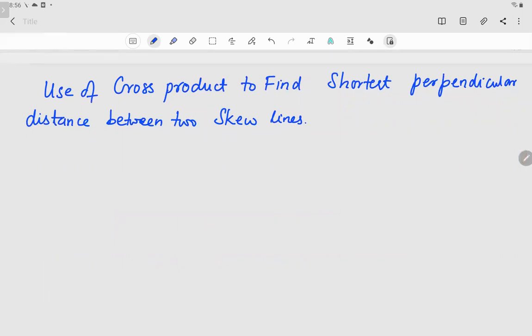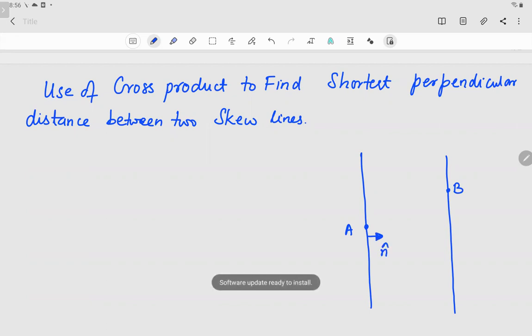My first point is: consider this line, okay, and then another line, okay. These two lines are parallel, okay, and this is point A and this is point B, okay. And I have a vector which is a unit vector, and it is perpendicular to the line L1, and it's also perpendicular to the line L2.